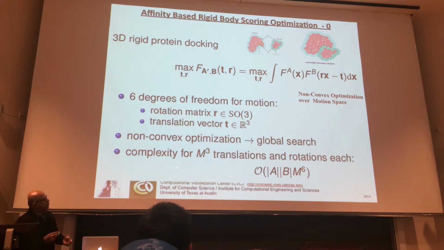So the naive approach for m cubed translations and m cubed rotations would be a times b times m to the 6th. This is by parameterizing rigid body motion as 3 degrees of translation and 3 degrees of rotation.